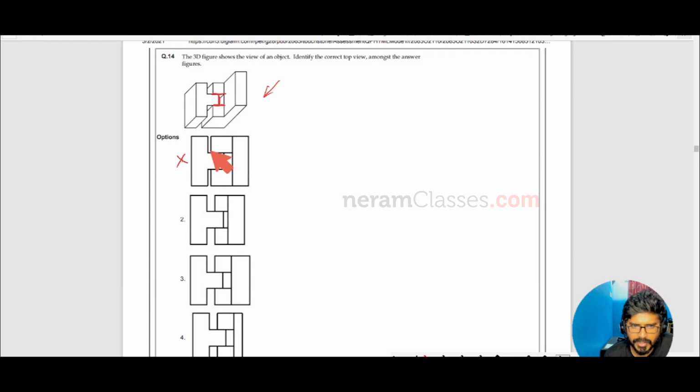So option 1 is the wrong answer because it's unequal, and option 2 is also unequal, whereas option 3 and 4 are somewhat matching with this. But here you can see the length of this is similar to the same length of this. Okay, but here we can see it's very less compared with this. So option 4 is also a wrong answer. Option 3 is the right answer for this question.